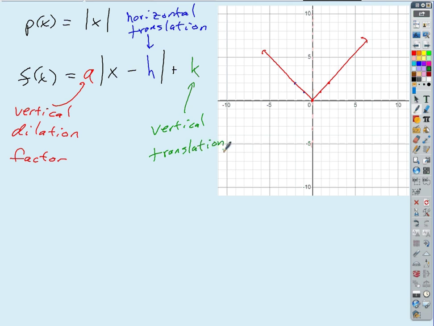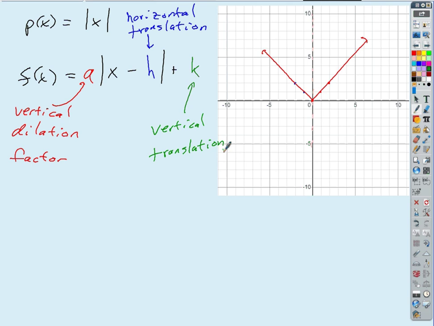Okay, but we can be tricky with this. If we know that the vertex always starts off at the origin with our parent graph, so you tell me what are the coordinates going to be? Where's it going to end up if I slide this thing h horizontally and k vertically? What are the coordinates of the vertex going to be? Whatever it is. Yeah, h and k, aren't they? Right?